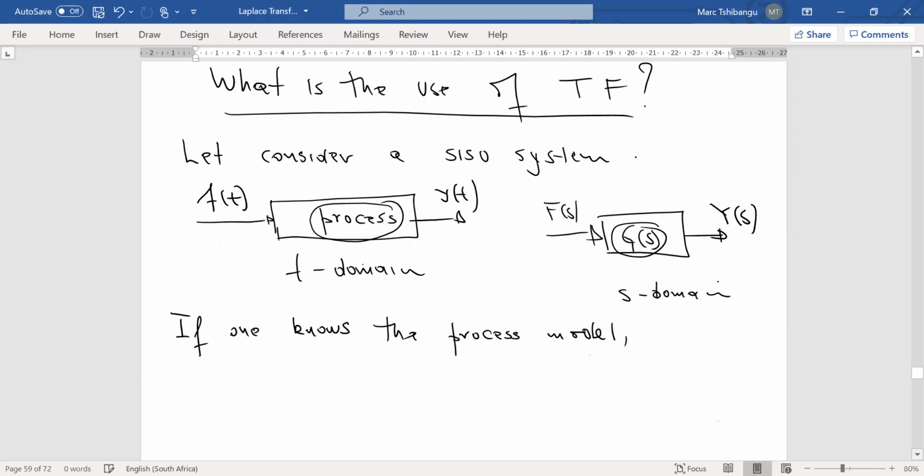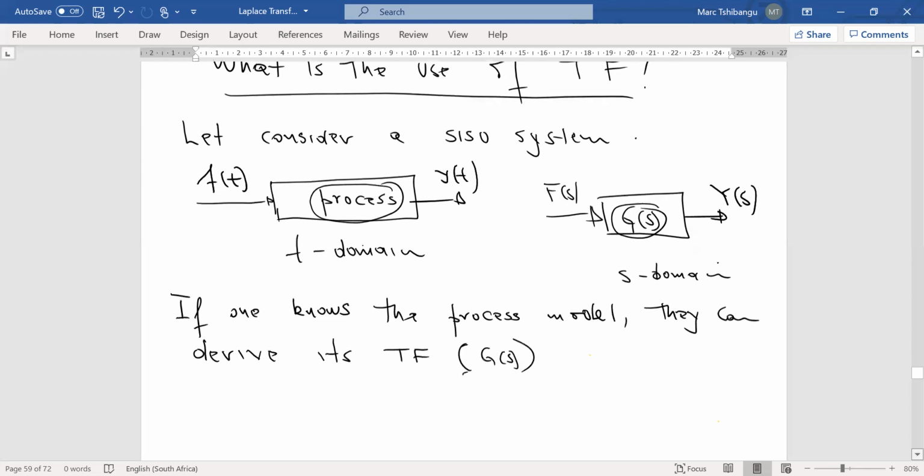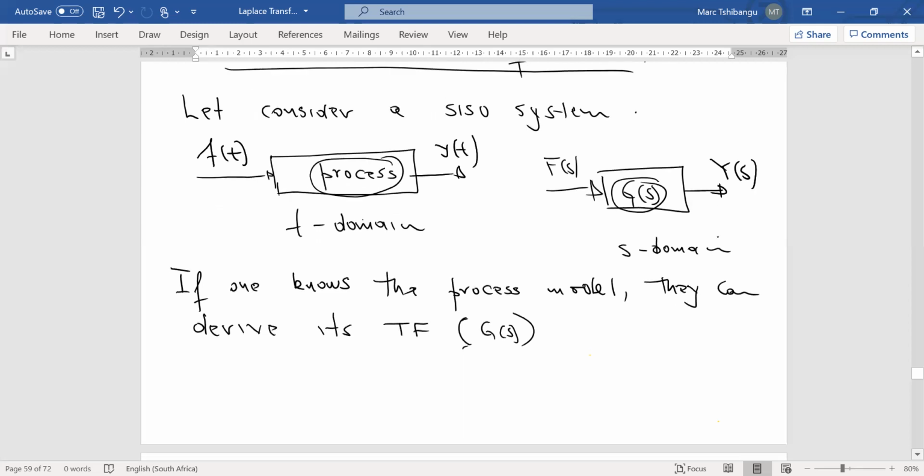So we're going to assume that the process model will be given to us. In other words, G(s) is given, because it can be obtained easily.